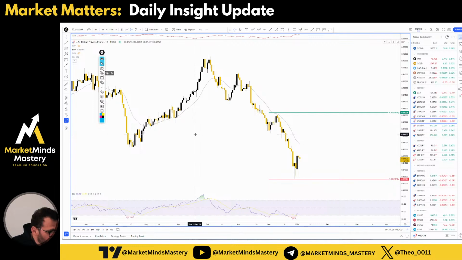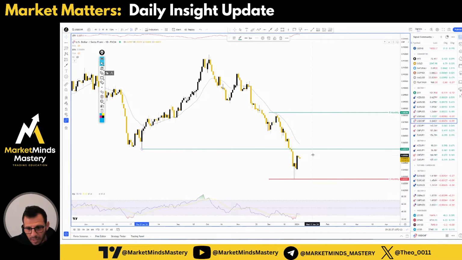Nicoletta said at this point the advance looks corrective though. Yes, I agree with you. USD CHF, the sellers activated from this last swing, the resistance.